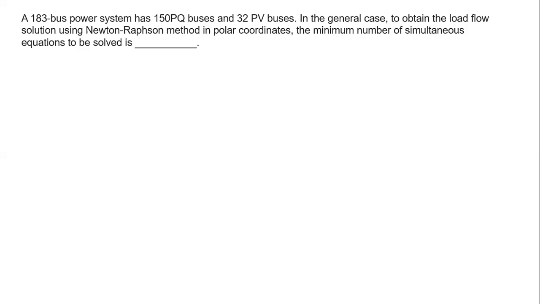Understood? He has given the total number of buses 183, out of which 150 are PQ buses and 32 are PV buses. So with this data, for the NR method in polar coordinates, how many minimum simultaneous equations are to be solved?